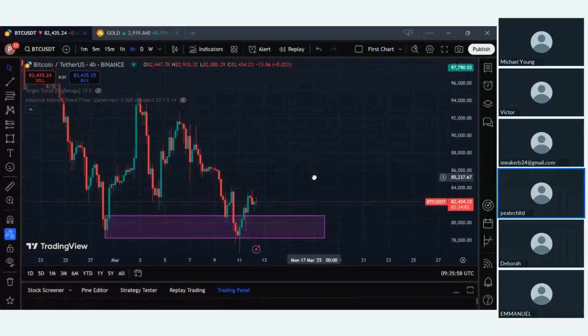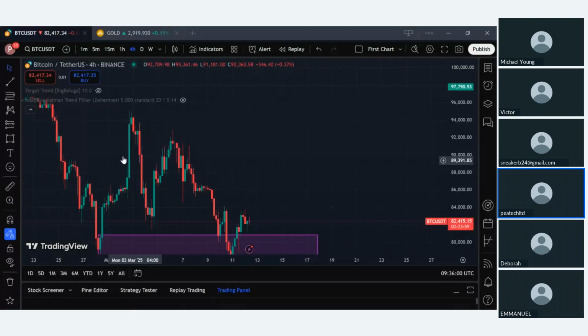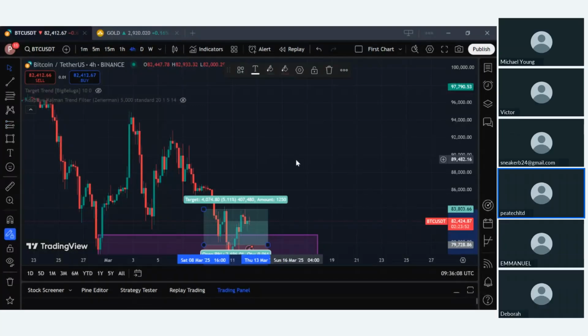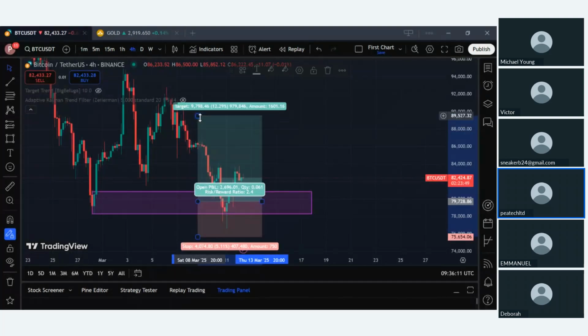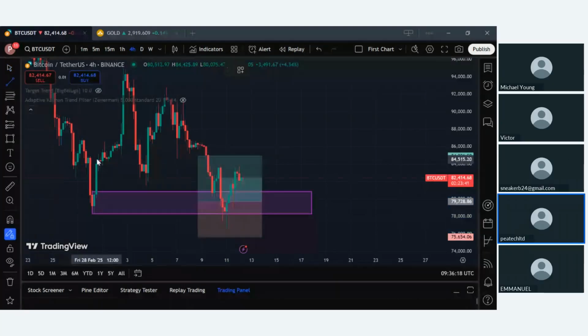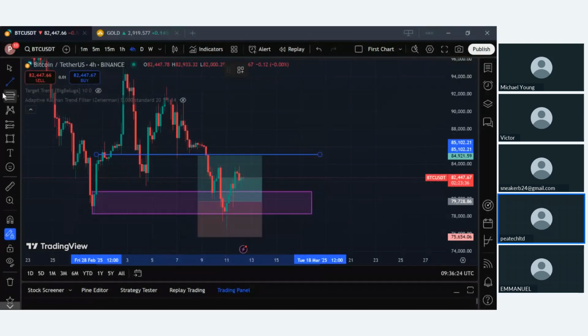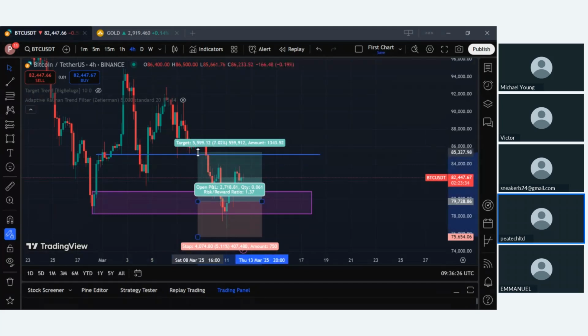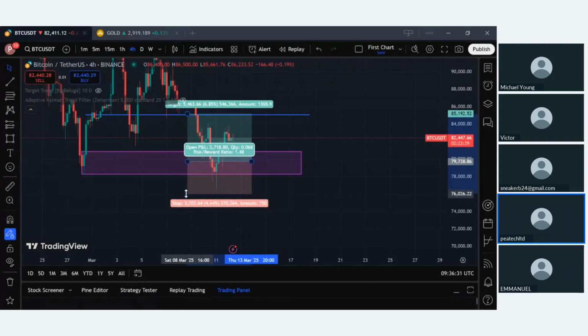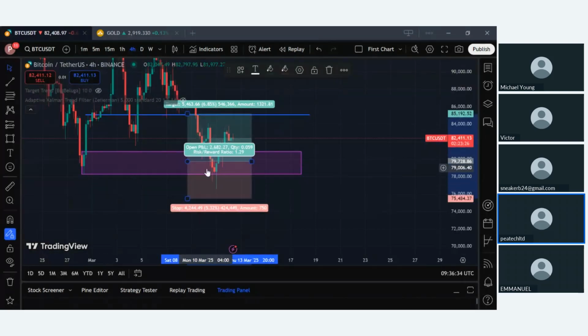When the market returns to it, we want to take our entry at this zone, and the take profit is going to be here, where this line is, where the move stopped. You can take your profit from here, and your stop loss will be just a little below this zone.